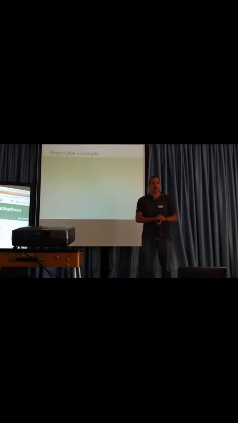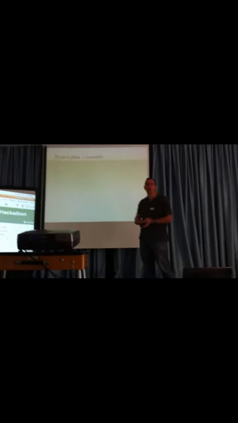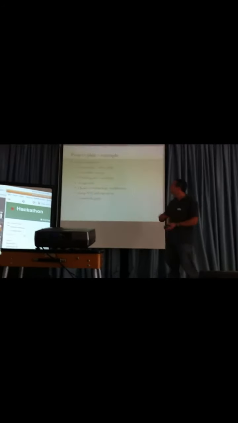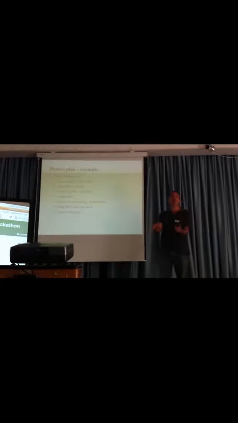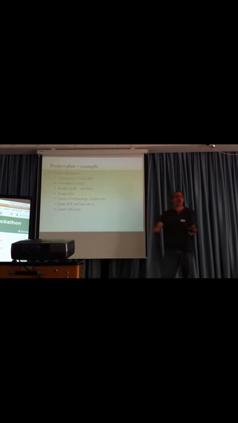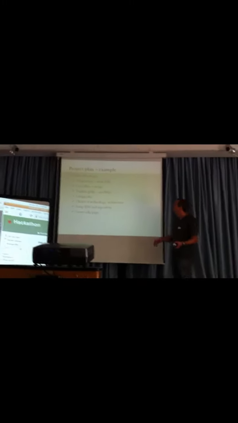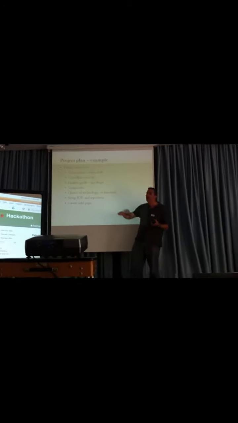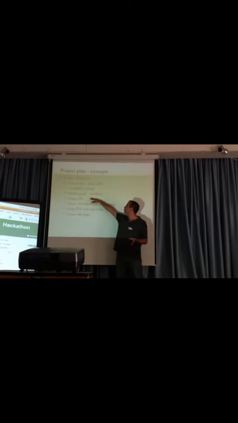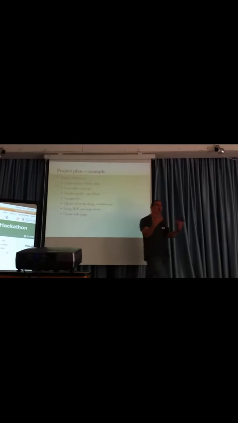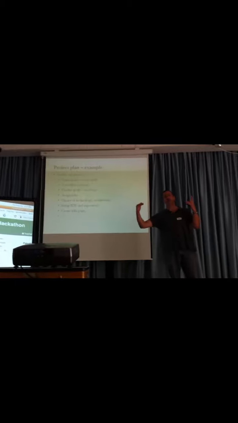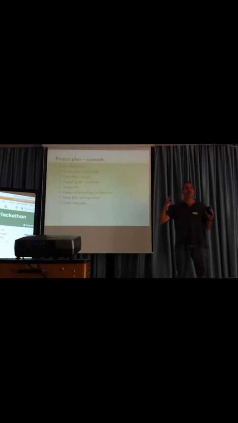Here's an example for your project plan for the next day and a half. This afternoon, recruit your team, introduce yourselves, find out what people's skills are, what they can do, discuss the concept, and make sure the concept is clear. I strongly recommend that you do some sort of mock-up or sketch, so you all have an idea of what this will look like, because sometimes you think you all have the same concept, but everyone's imagining it differently.